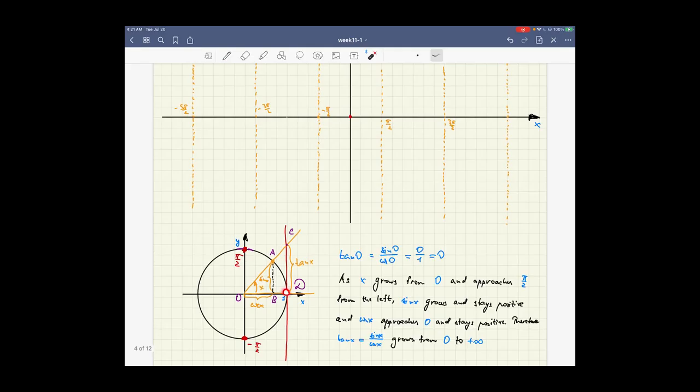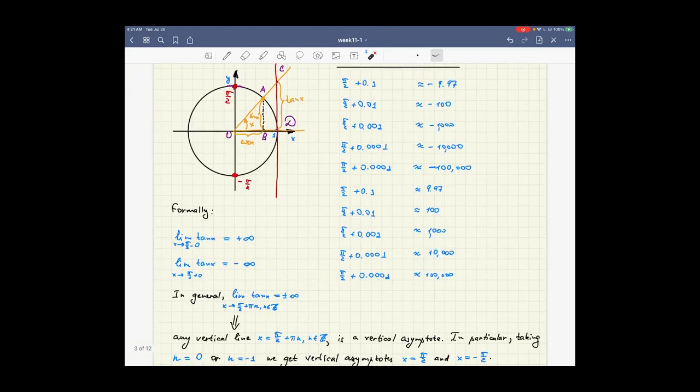Right? 0 is here. As we grow in the first quadrant, the numerator gets closer and closer to 1, but the denominator gets closer and closer to 0. And as we saw, that causes a quick explosion, a quick blow up in the values of tangent.